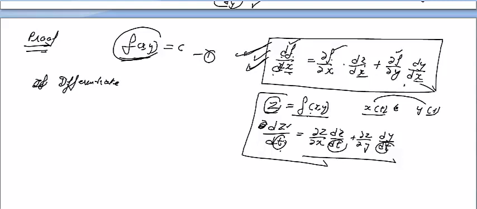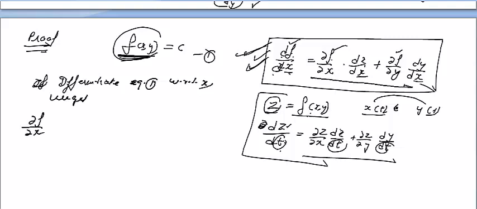Differentiate equation 1 with respect to x. So we get, when you differentiate f, you will get this one. So curl f by curl x, dx by dx, plus curl f by curl y, dy by dx, and the derivative of c, a constant, is 0.